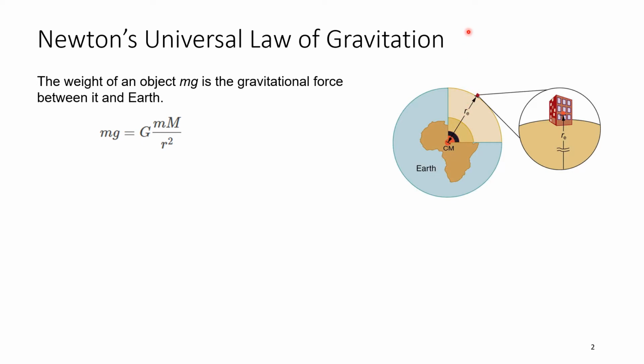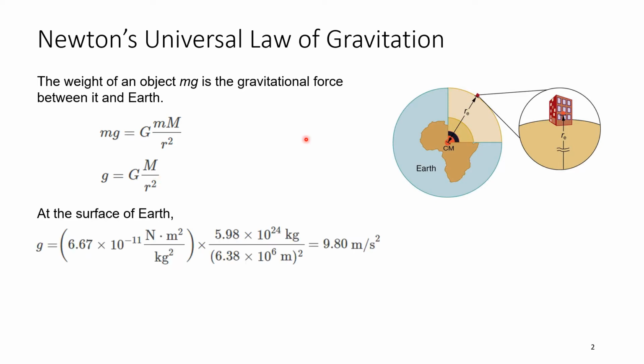The mass of the object cancels, and we have g equals GM over r squared. Plugging in Earth's mass and radius, we get the acceleration due to gravity g equals 9.80 meters per second squared. And this value is independent of the object's mass.